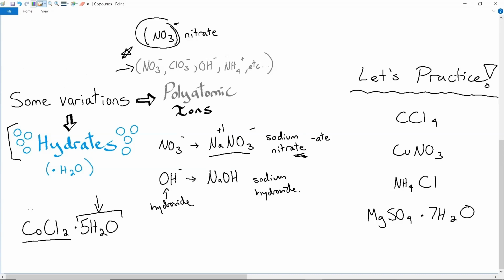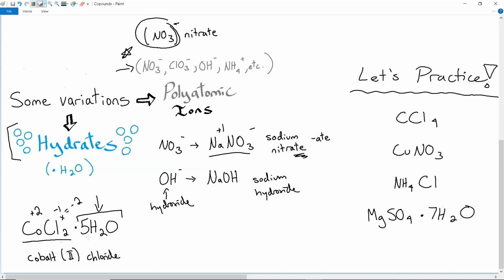Cobalt is a transition metal, so we are going to have to specify what charge is on it. Chlorine has a charge of -1, and we have 2 chlorines. So we've got an overall charge of -2 on this side. That means cobalt needs to have a charge of +2 to balance things out. So I would say cobalt(II) chloride.